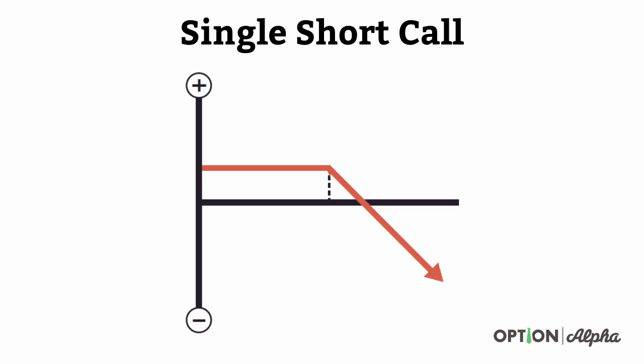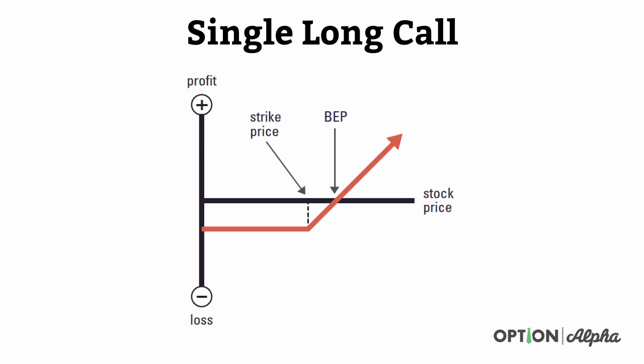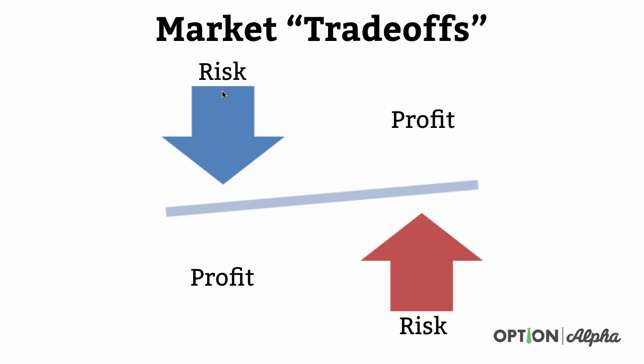Now, if we look at a different option, and then we'll combine these two together, let's look at just a single long call option, okay? A single long call option has reduced risk, meaning limited risk to the downside, and potentially unlimited profit potential. Now, remember what we talked about before: when you have lower risk, you generally have lower expected profit potential.